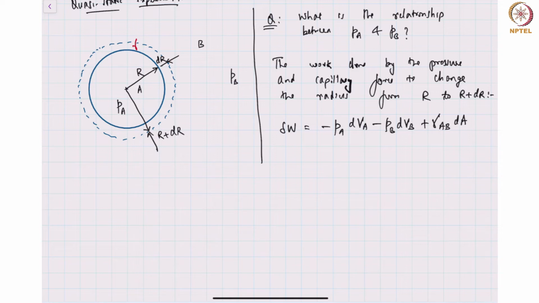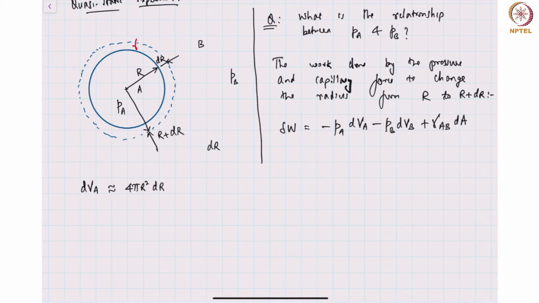So this is my expression for the mechanical work done. Now we can write down expressions for each of them. What is the expression for dVA? The change in the volume would be approximately 4 pi r square dr.